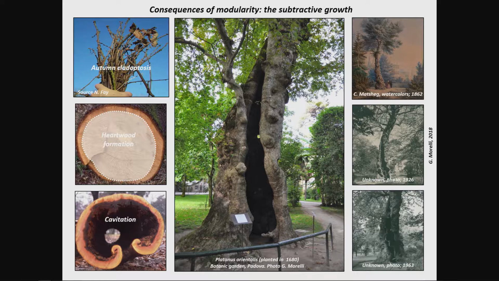In 1926, it was already completely hollow, and more in 1963, and how it is today. Is this cavity a problem for this tree? I would not say so. It has stood for at least the last 2 centuries the same, in perfect conditions. So there is quite a different way of seeing cavitations, and we will talk more later.